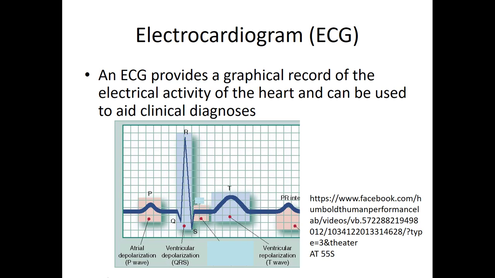So after ventricular depolarization, we can see ventricular repolarization. Does it make sense? So atrial depolarization and atrial repolarization occur, but we cannot see atrial repolarization because it's hidden by ventricular depolarization. And after ventricular depolarization, we have ventricular repolarization here.